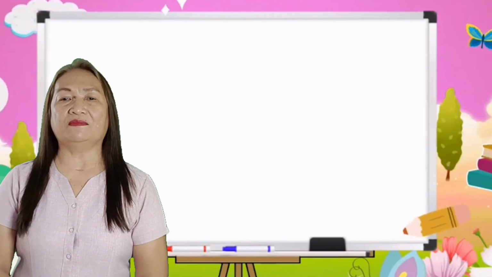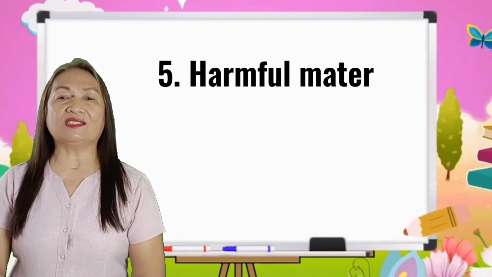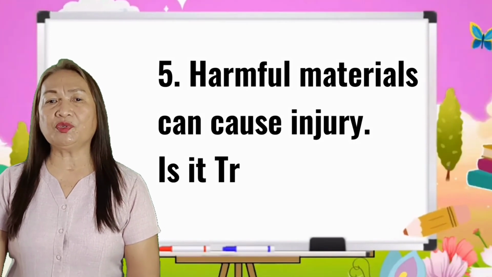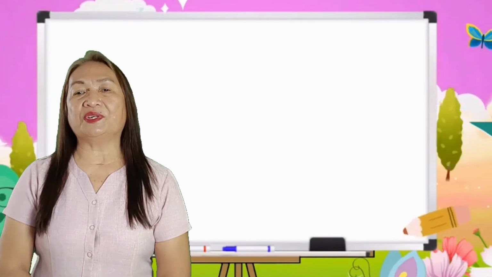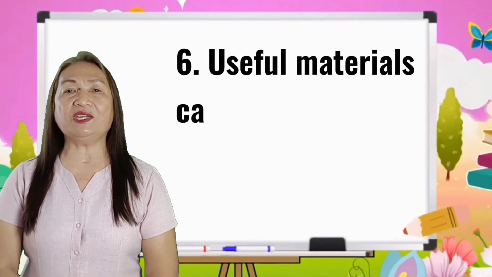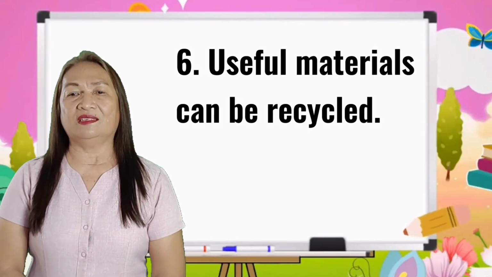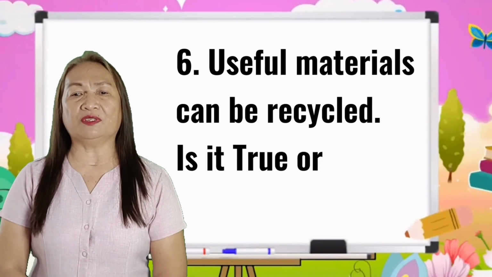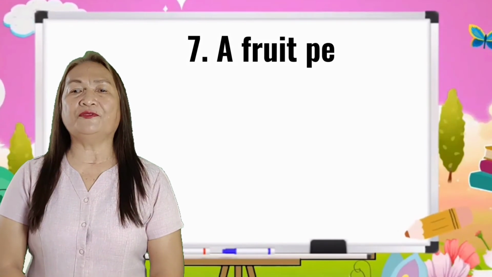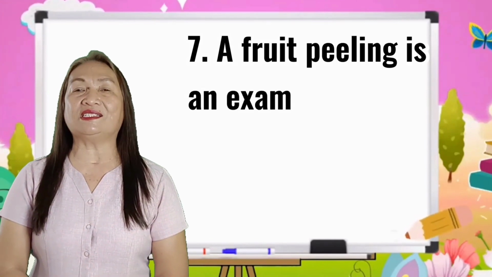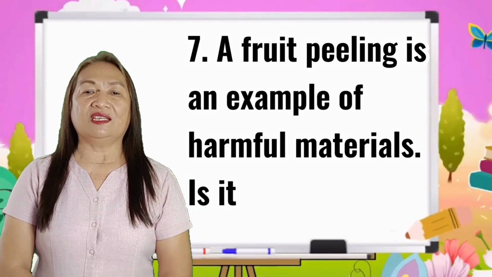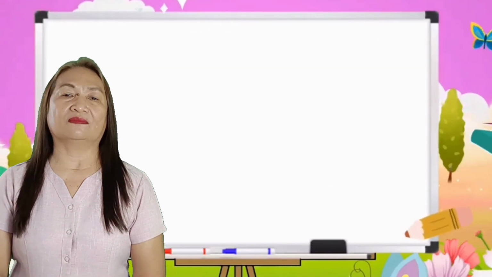Number 5. Harmful materials can cause injury. Is it true or false? Number 6. Useful materials can be recycled. Is it true or false? Number 7. Fruit peelings is an example of harmful materials. Is it true or false?